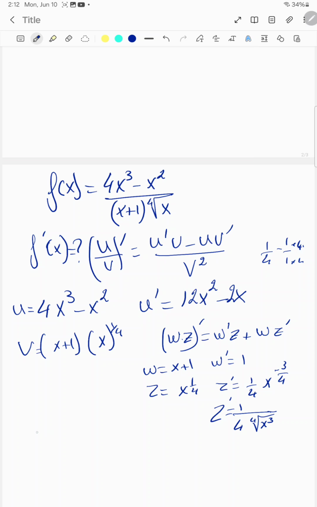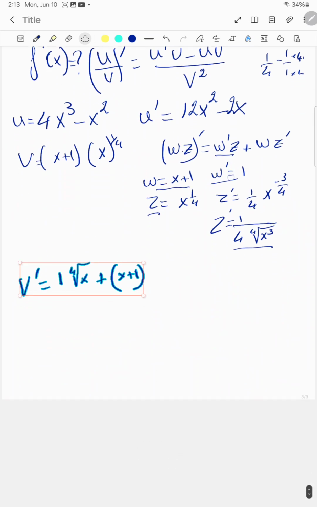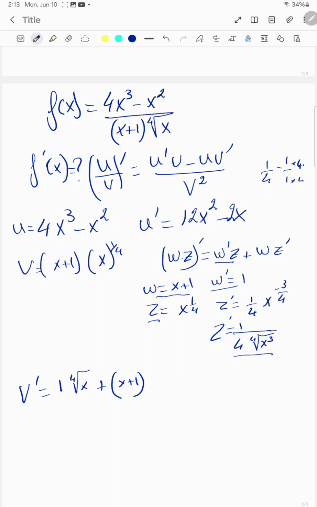My v prime is equal to w prime, which is 1, times the fourth root of x, plus my w, which is x plus 1, times z prime, which is here, times 1 divided by 4 times the fourth root of x to the power of 3.